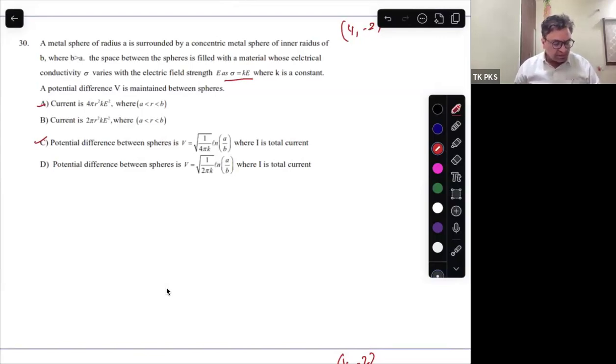Now, please try to understand how to complete this particular question.